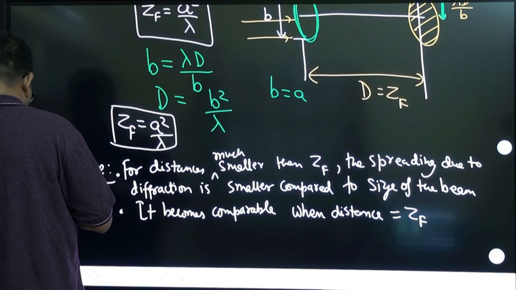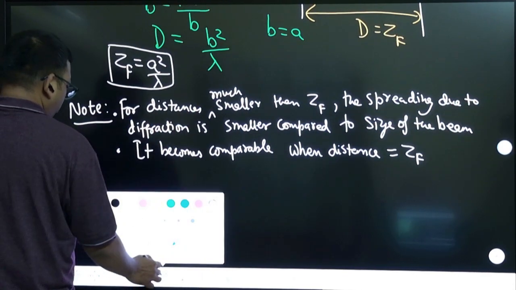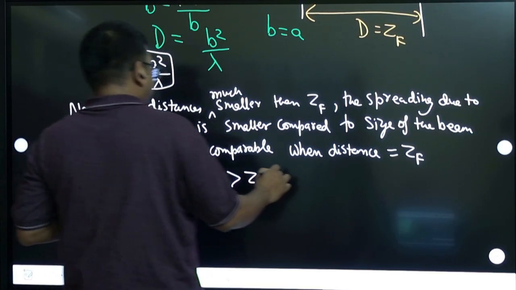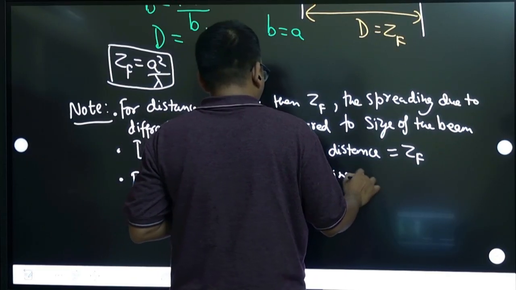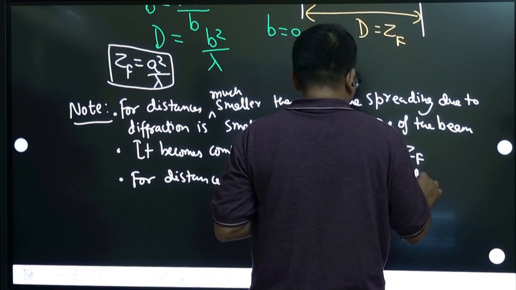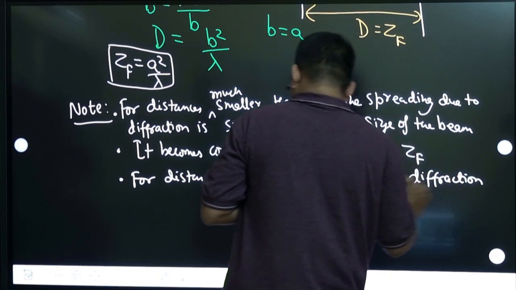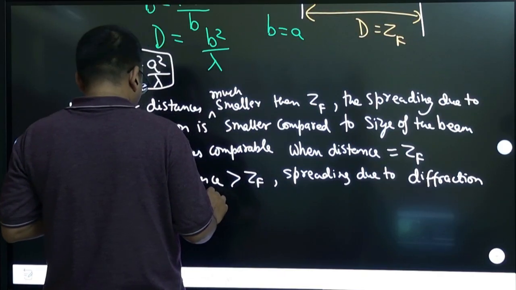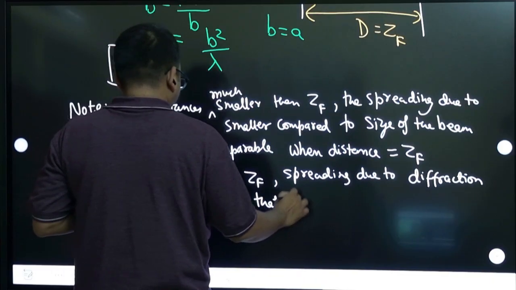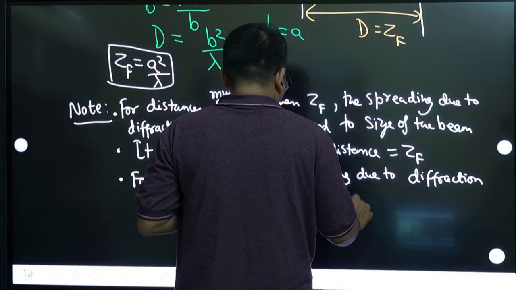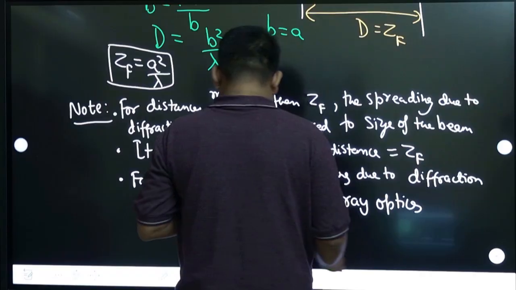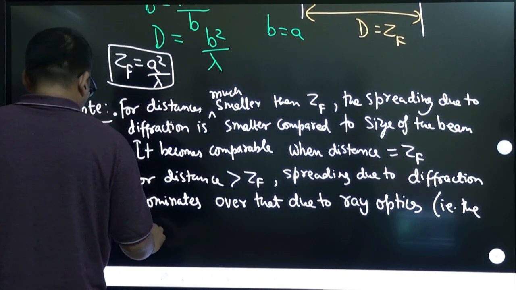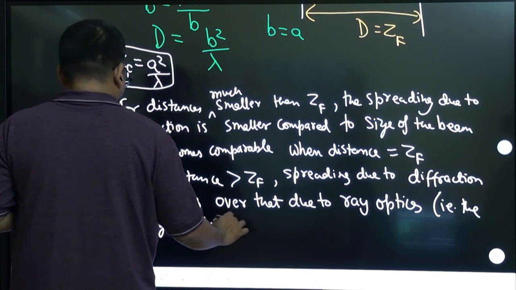Spreading due to diffraction dominates over that due to ray optics, that is, the size of the aperture.